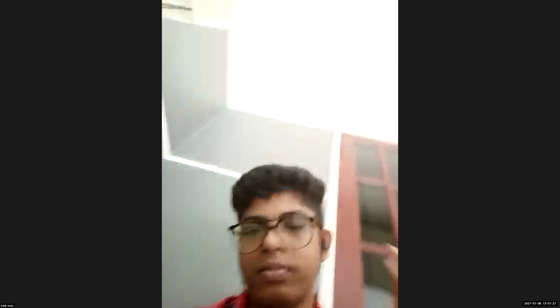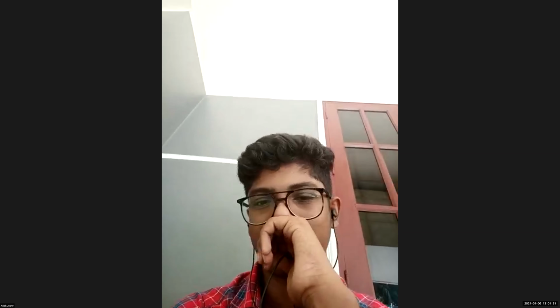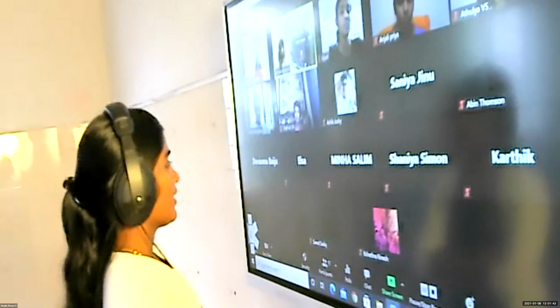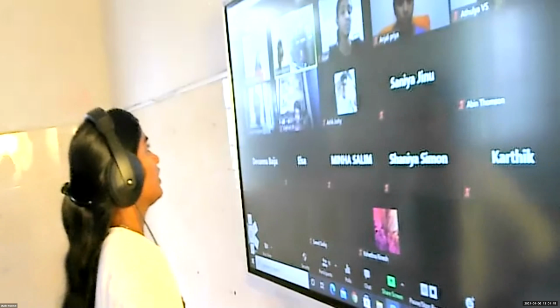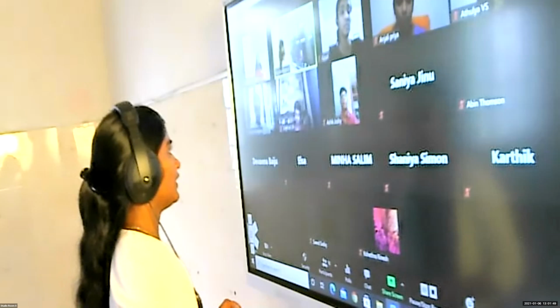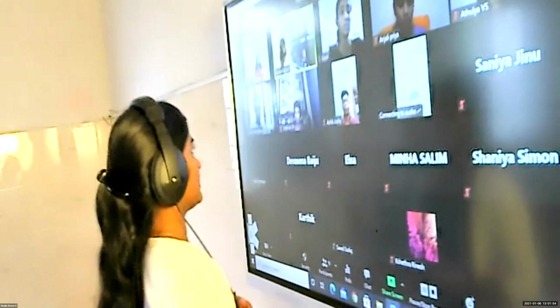So the sum of protons and neutrons. Okay. Mass number is the sum of the protons and neutrons. Clear? And atomic number can be represented as Z.